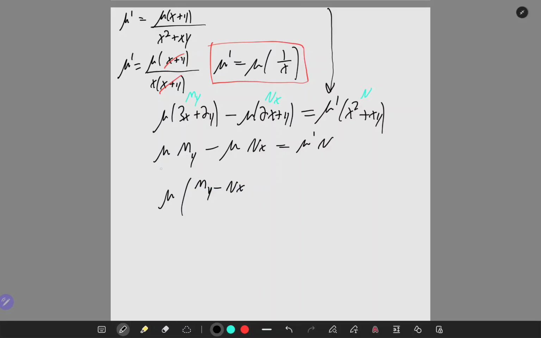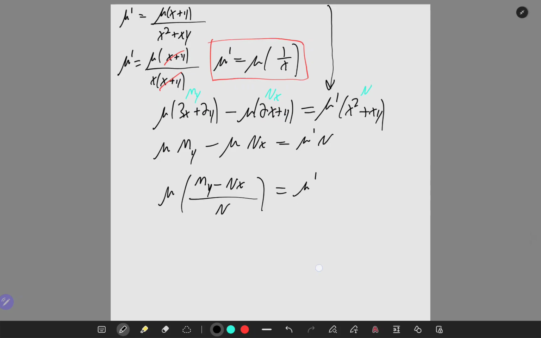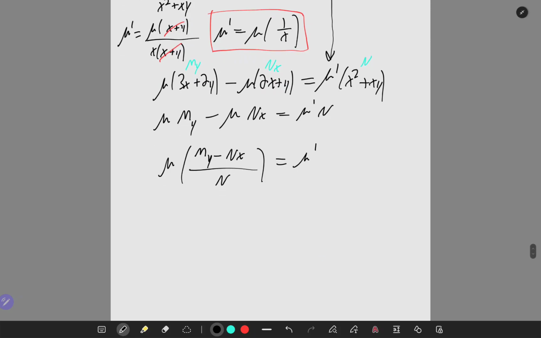You see how I pulled that mu out of there? But I'm gonna now divide the whole thing by n. And you're gonna notice that this has to be independent of y so that mu exists.